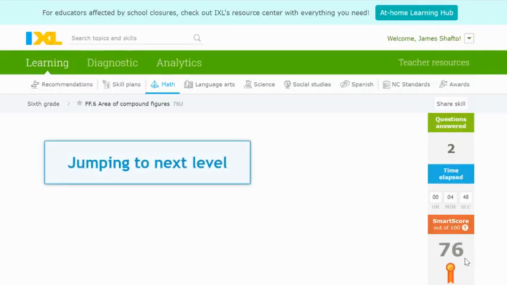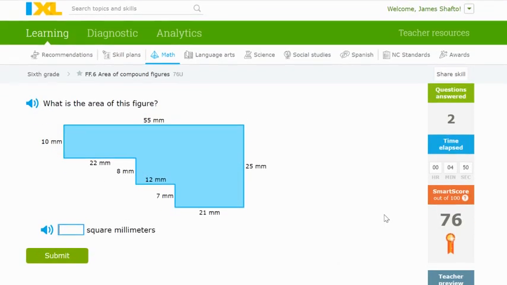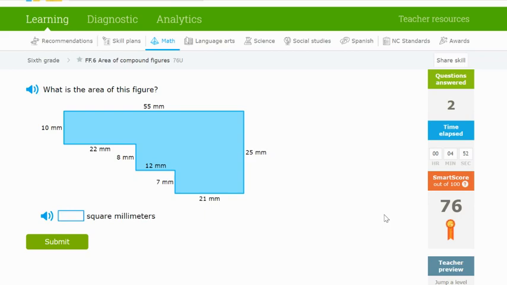If we jump ahead to the next level, here it gets a little bit harder, but it's the same basic idea. The first step is to cut up your rectangle. And so I'm going to go ahead and cut this like this. I'm going to cut up. And then I'm going to cut up again. And so if we look at this, I've got my first rectangle.